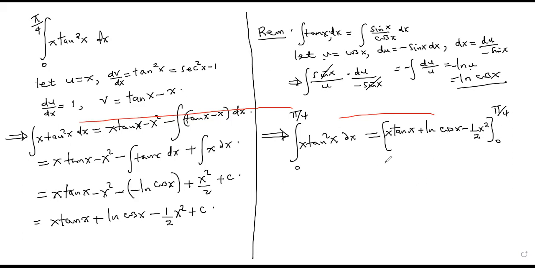You are going to substitute beginning with the upper limit. So we shall have pi over 4 tan pi over 4 plus ln cos pi over 4 minus a half pi over 4 squared.